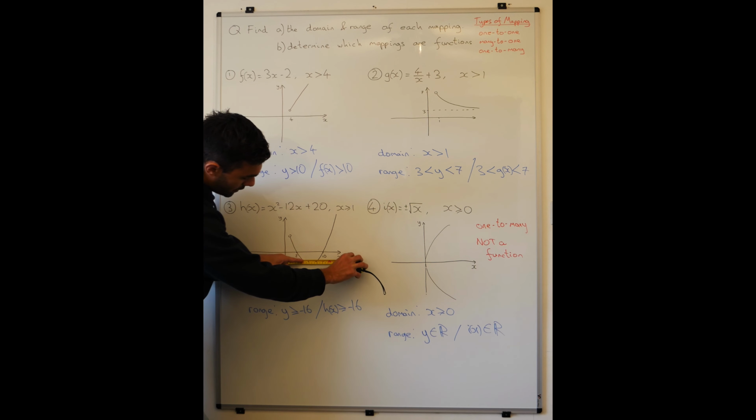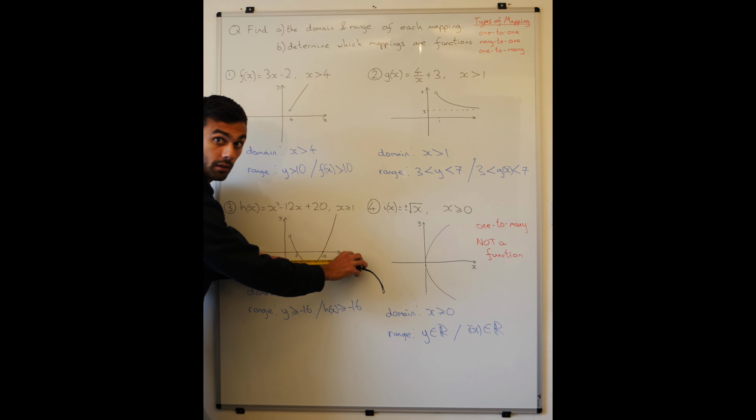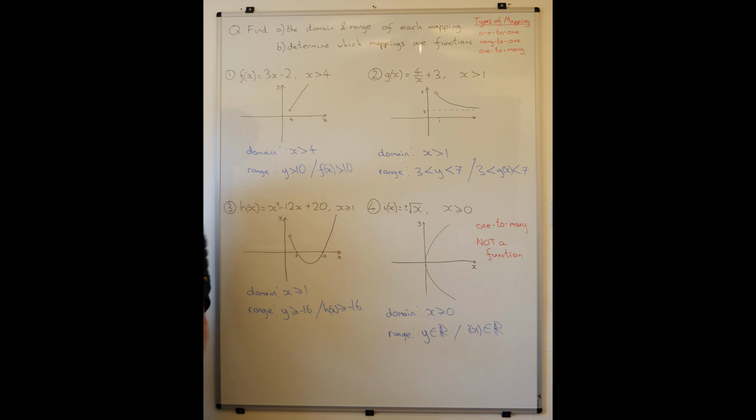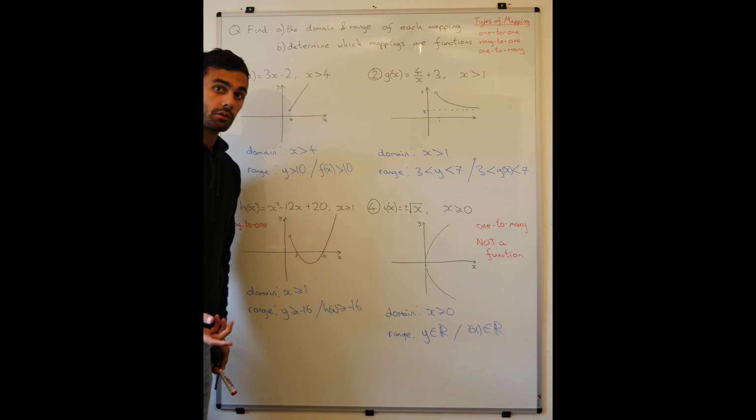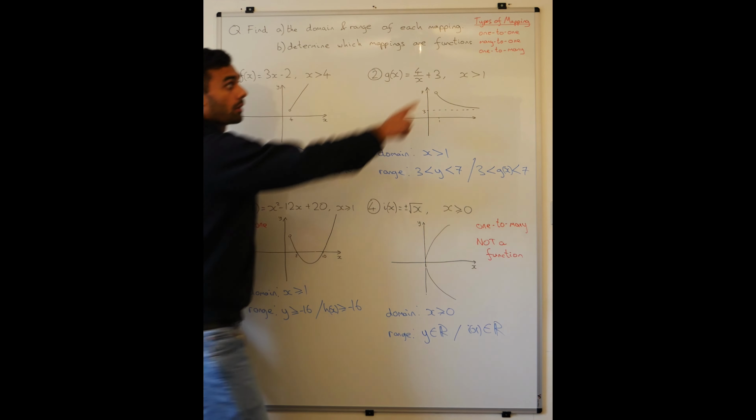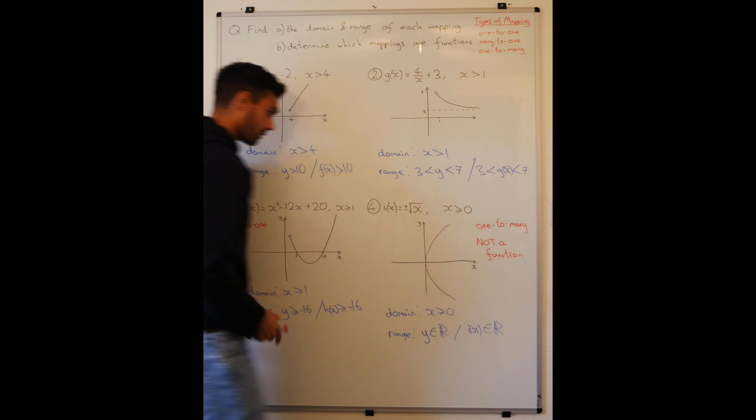So that means there's two x values, one up here and one over here, and they both map to the same y. Because my ruler crosses the curve twice, this is a many-to-one. Is it a function? Yes. Many-to-one mappings are functions.